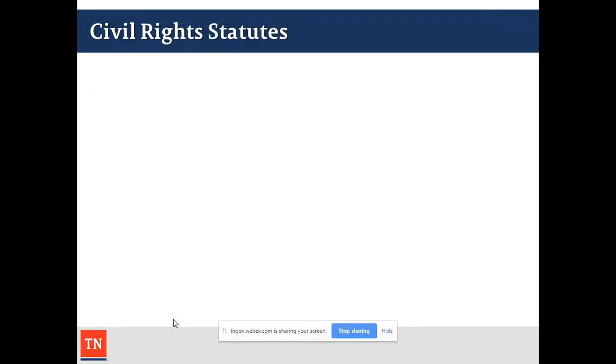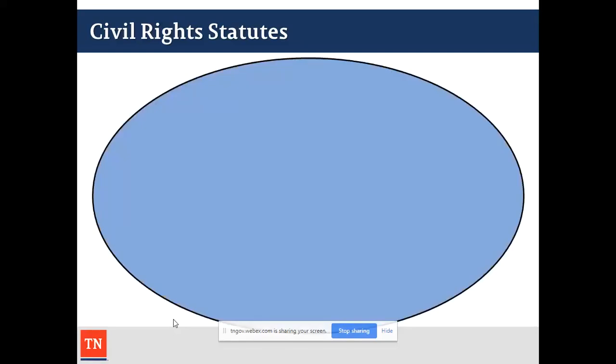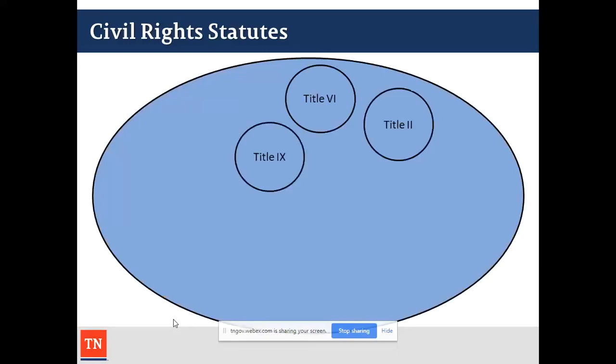One thing I want to point out about civil rights is that it's an all-encompassing term. So it doesn't just refer to Title VI or Title IX, as is often associated with civil rights. It is this big blue bubble, and inside it are all of these components.